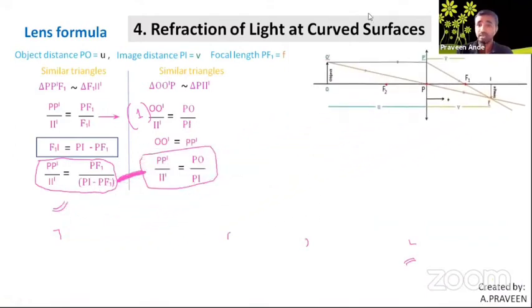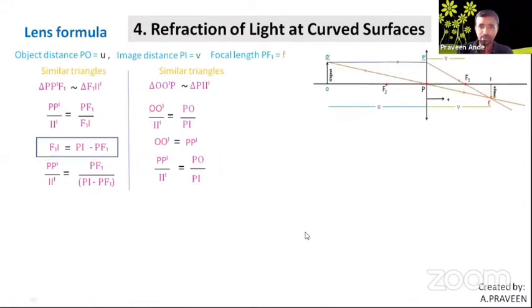Okay, then I am going to write that relation mathematically as we have it now. So here Po by Pi is equal to PP' by I'I, which is equal to, as I am clearly showing here.